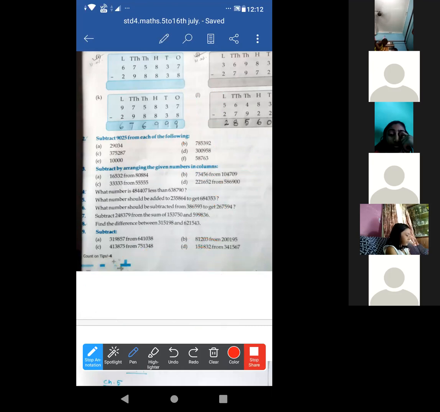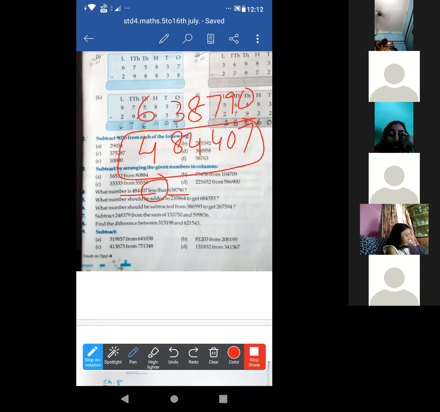Question number 4, let me read. It is given: what number is 4,84,407 less than 6,38,790? The number is 6,38,790. Another number is given, 4,84,407. What number is this when it is less than this one?